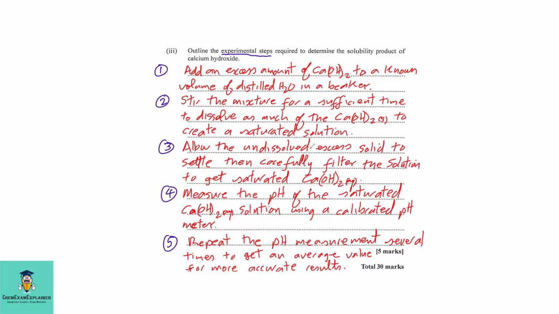Allow the undissolved excess solid to settle, then carefully filter the solution to get the saturated solution of calcium hydroxide. 4. Measure the pH of the saturated calcium hydroxide solution using a calibrated pH meter. 5. Repeat the pH measurement several times to get an average value for more accurate results.